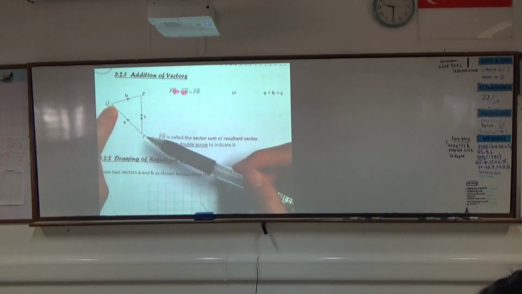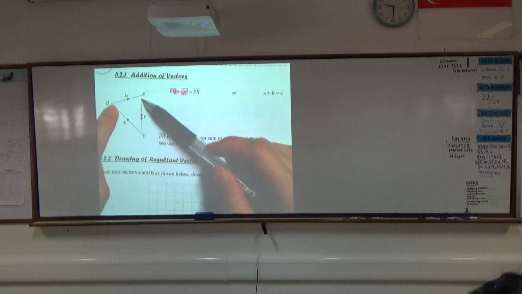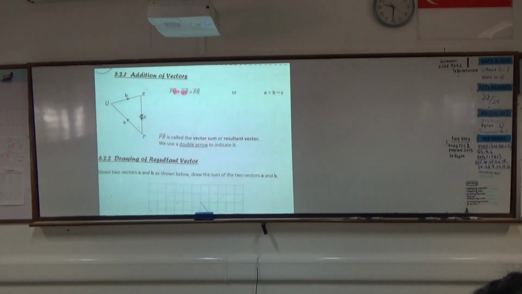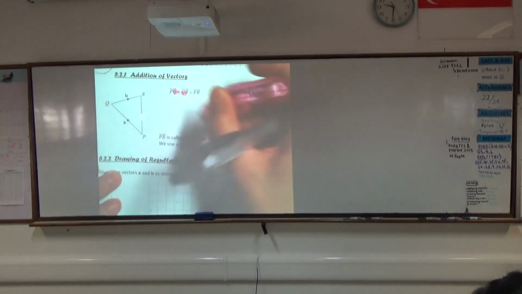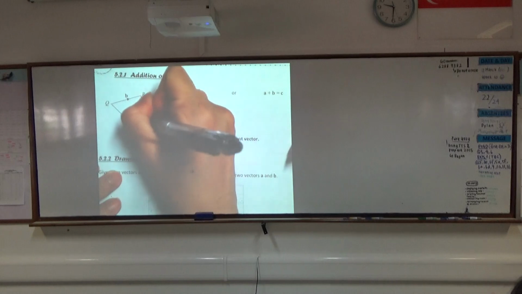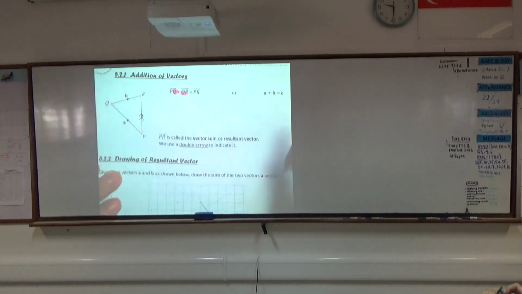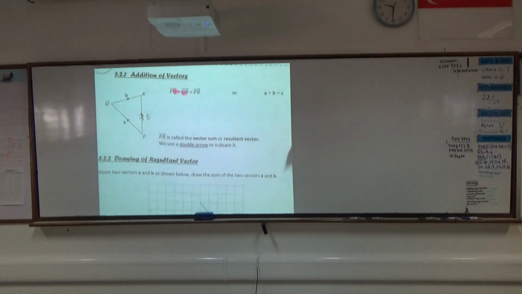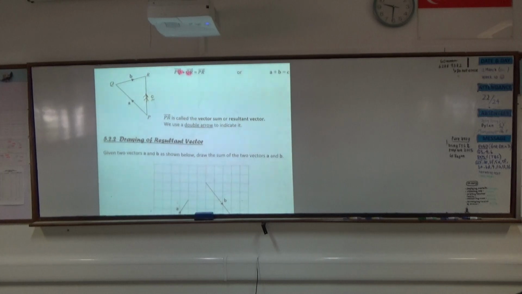Just realized PQ plus QR. Sorry, I have an error in my arrows here. It should be a double arrow like that, P to R, right? Okay, sorry about the printing error.